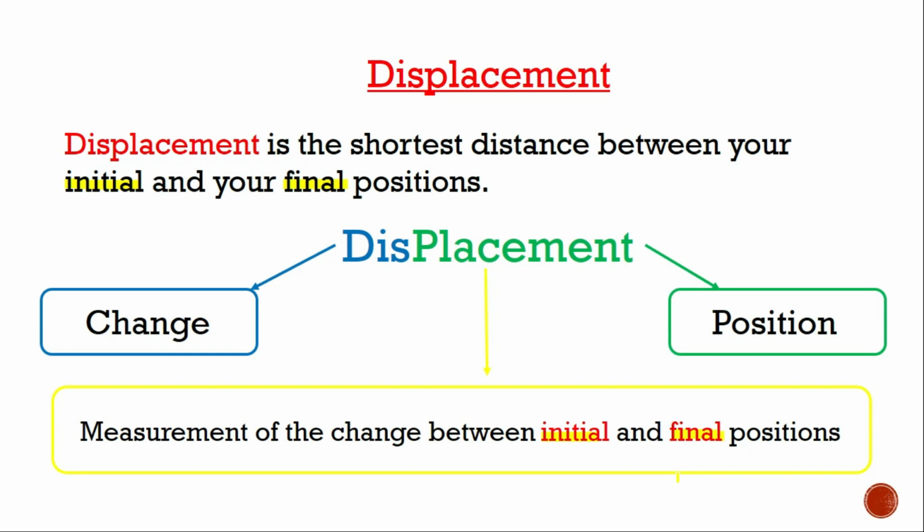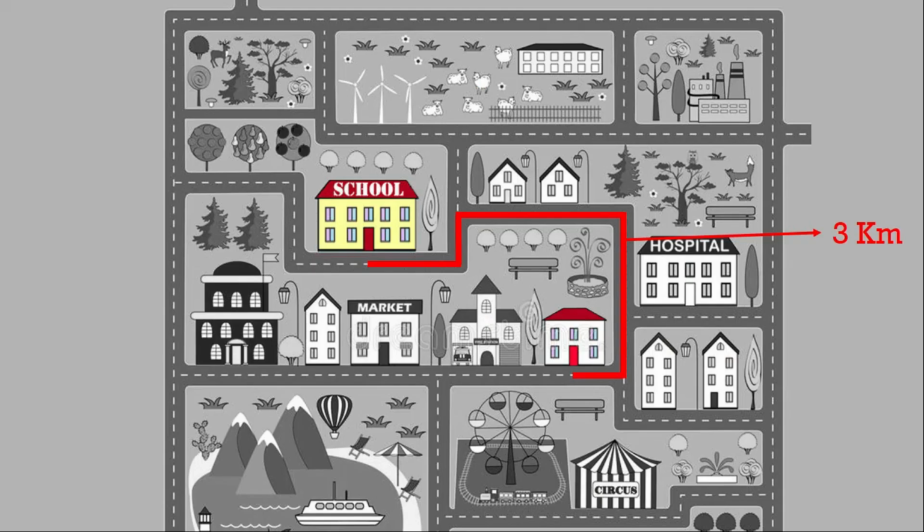Now, if you see, the shortest distance between your initial and final position will be this straight line from your house to your school, which let's suppose is 1.5 kilometers.